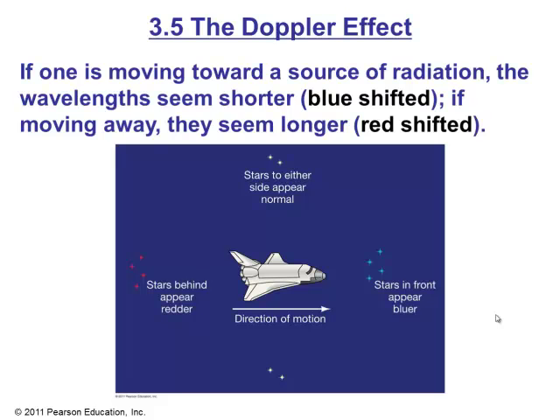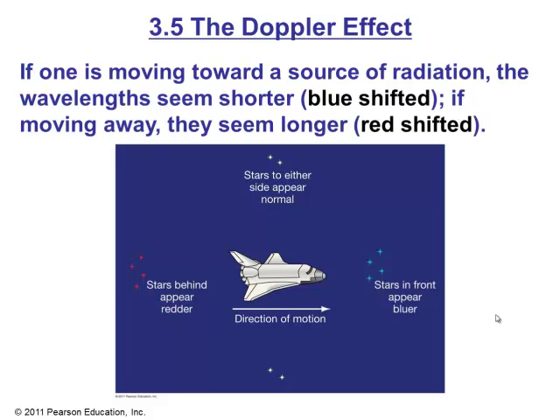In fact, all stars in front of this ship would appear bluer than normal. And the greater the ship's speed, the greater the color change would be. Now, stars behind the vessel would seem redder than normal, but stars to either side would be unchanged in appearance. As the spacecraft slows down and eventually comes to rest relative to the Earth, all stars would resume their usual appearance.